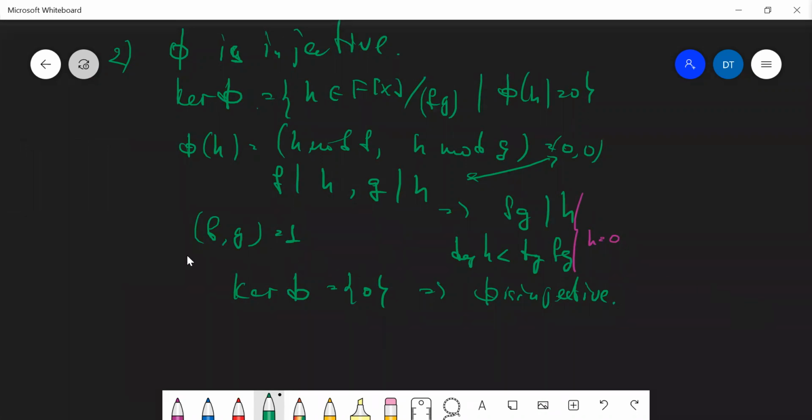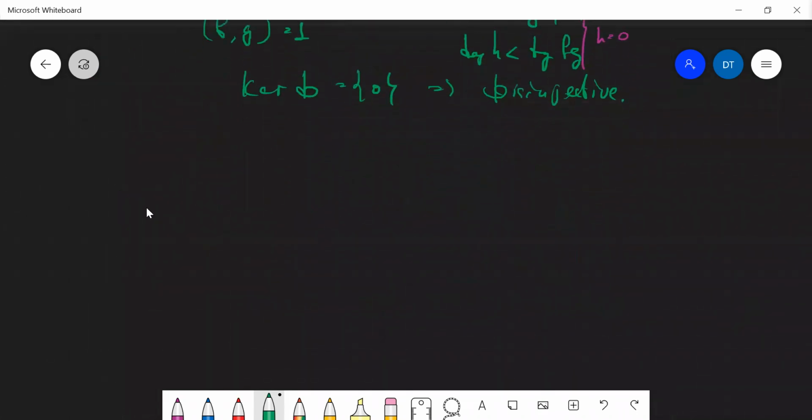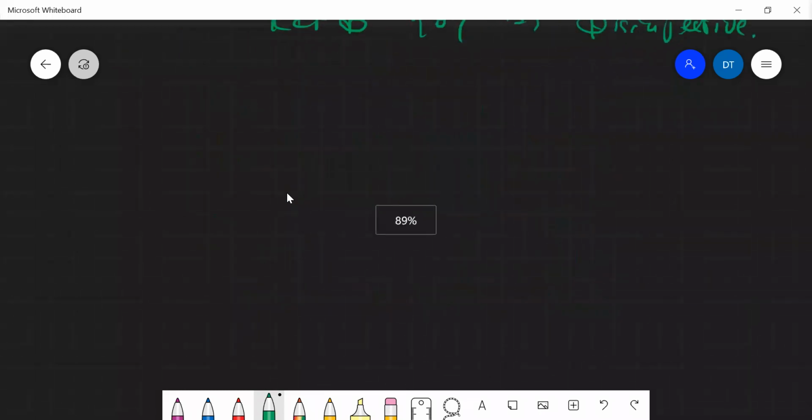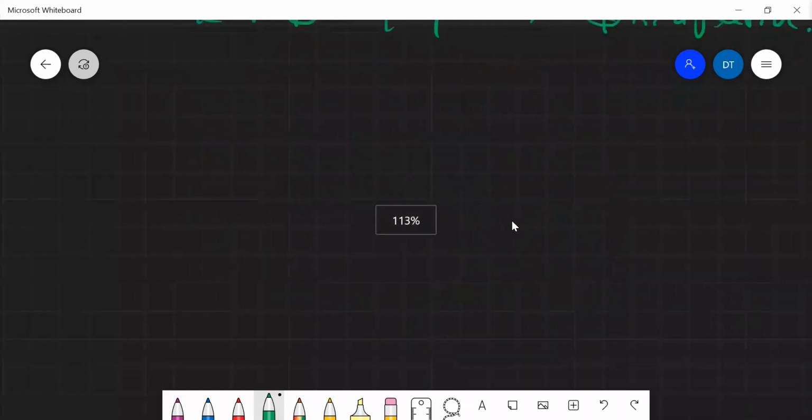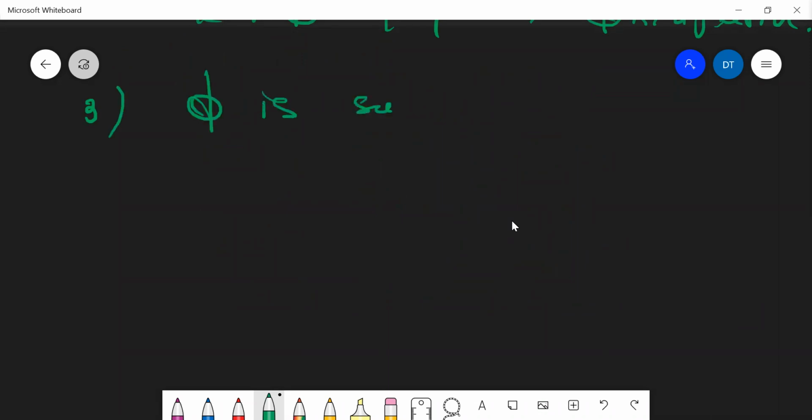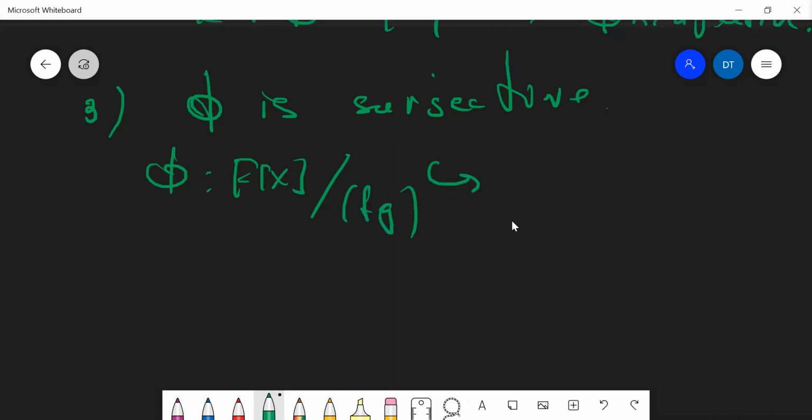Okay, then how to check that the map is surjective? Here we will use linear algebra. In order to check that phi is surjective, we know that phi is an injective map from this ring to this one.